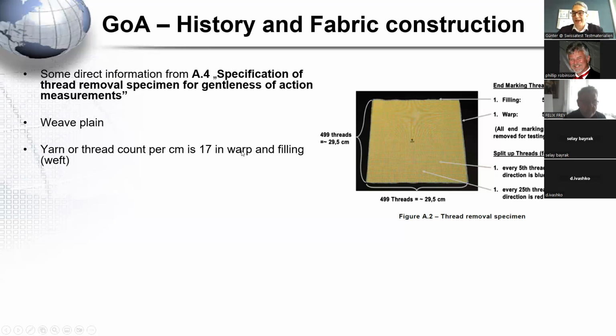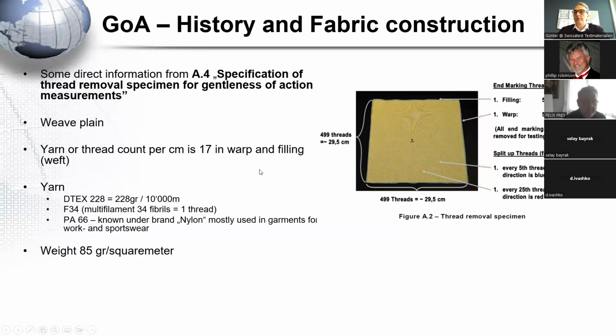The weave is plain. It's the very easy way to weave, the easiest one: one warp, one weft, one warp, one weft. And the yarn count is 17 warp, as mentioned. Some information about the yarn: it's 228 dtex material.